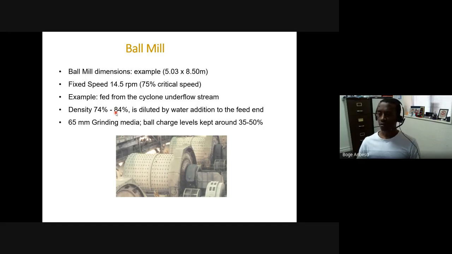And usually the balls that we use are around 60, 65 millimeters in size. Some places use smaller balls, maybe 50 millimeter and so on, depending on how fine you want to go with grinding. But typically it's about 60 millimeter grinding media in diameter. And for maximum operation, you probably would need to fill half of the mill with the balls themselves to obtain a reasonable grinding happening.